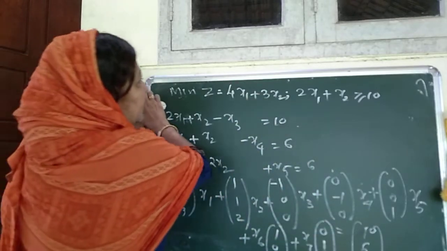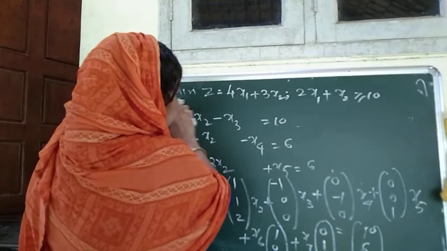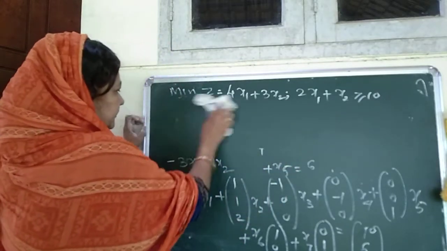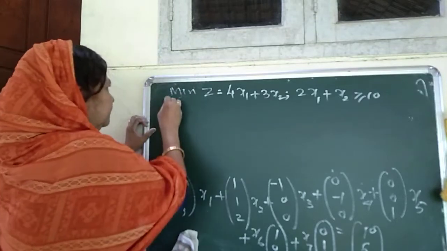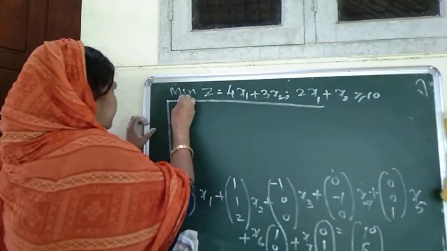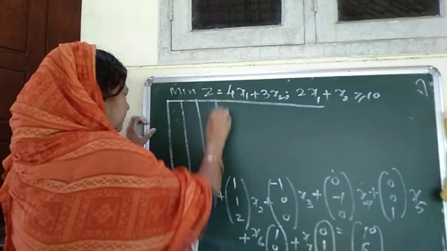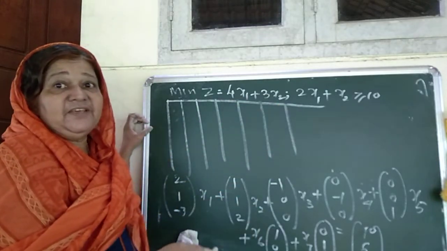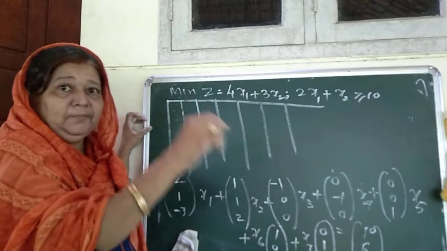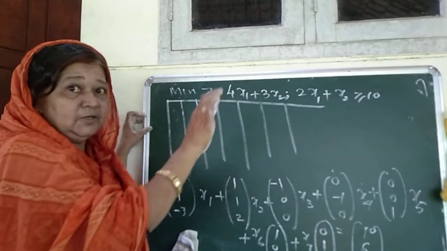Then let us start a table. Whenever these artificial variables are removed, then we can neglect that column also.